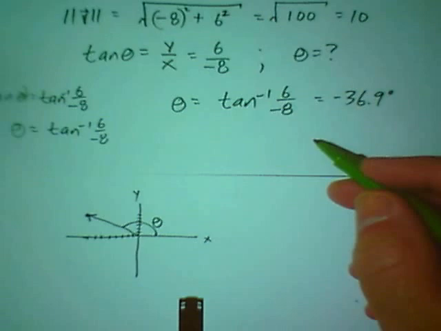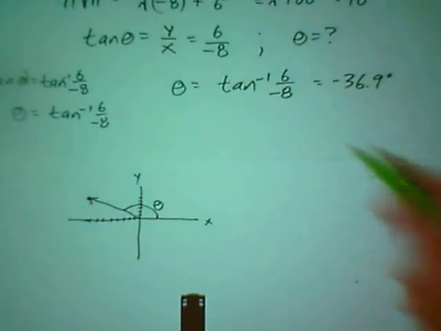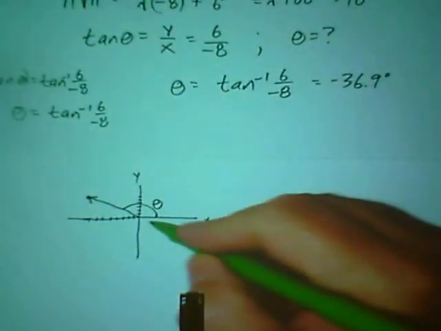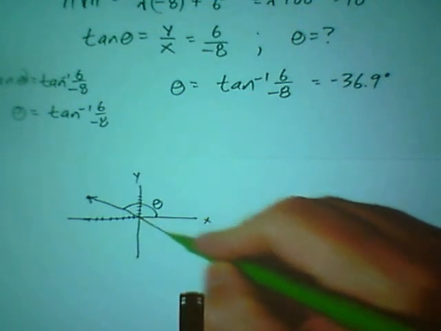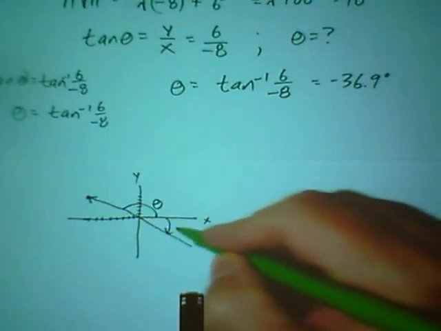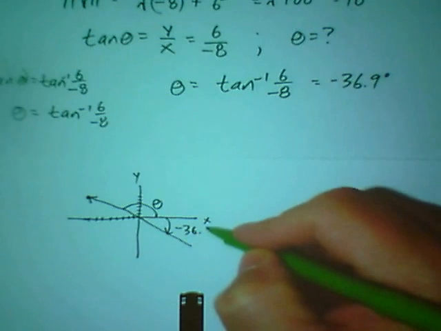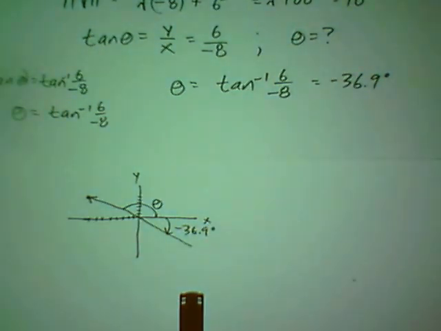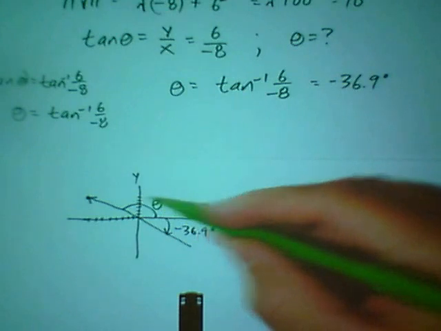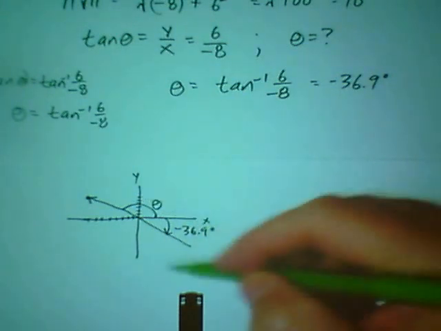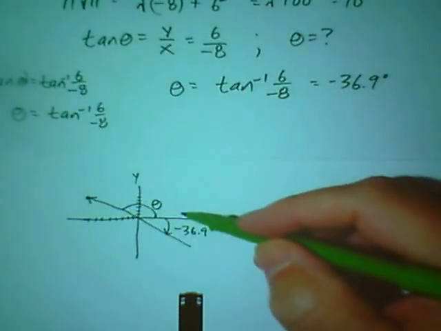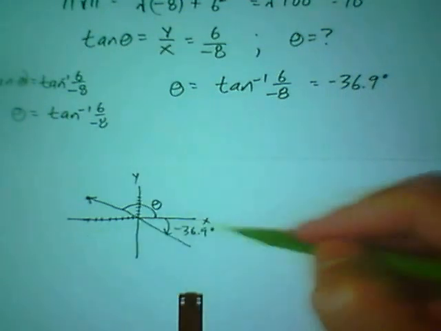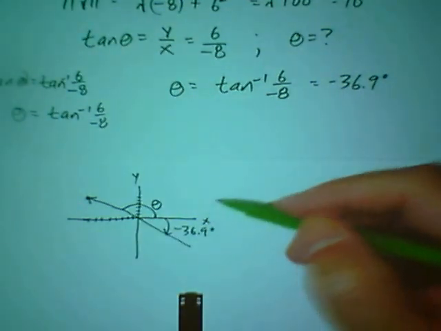But what I just did up here says the theta is -36.9. Well, that right there is -36.9. So this is one of those problems where when you get an inverse tangent, it's going to give you an angle only here on the right side of your graph. If your angle is actually on the other side of the graph, you need to add 180 degrees.